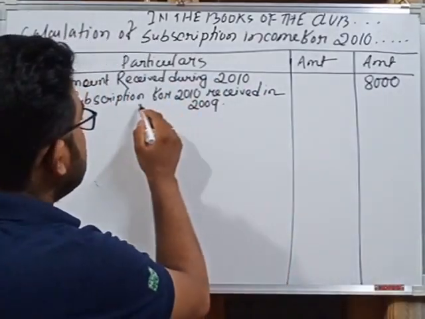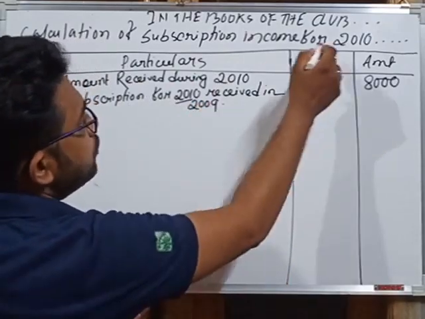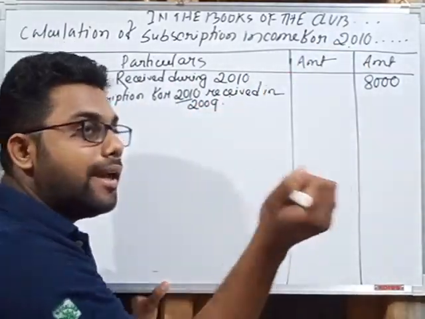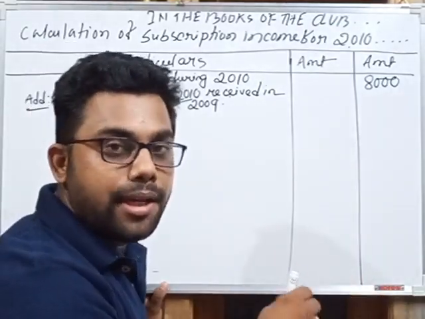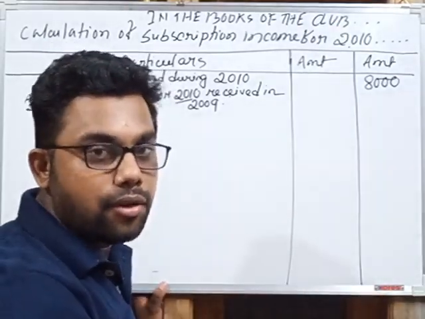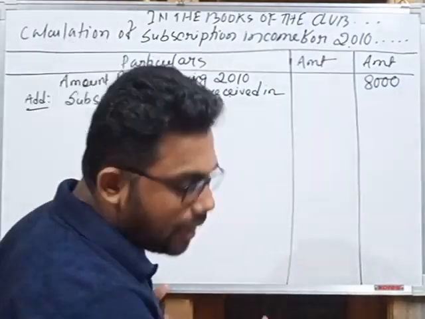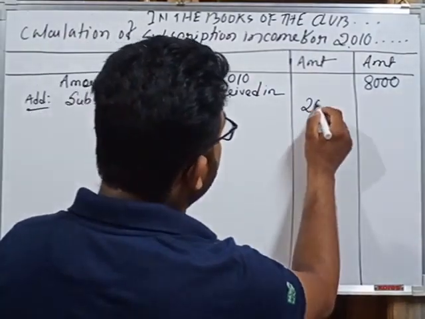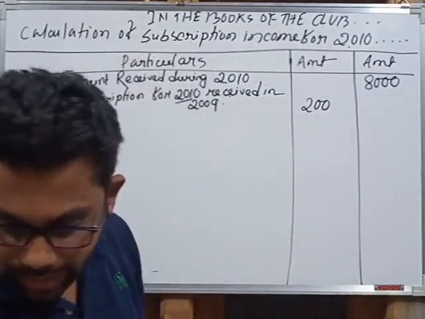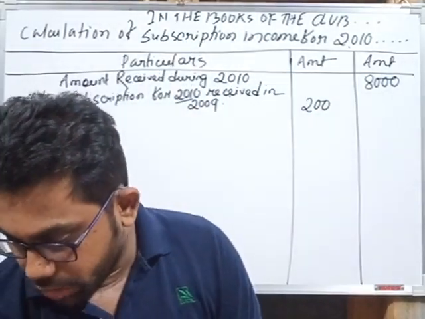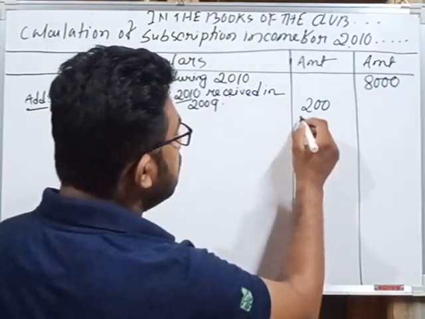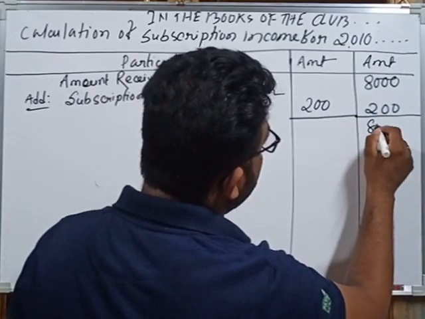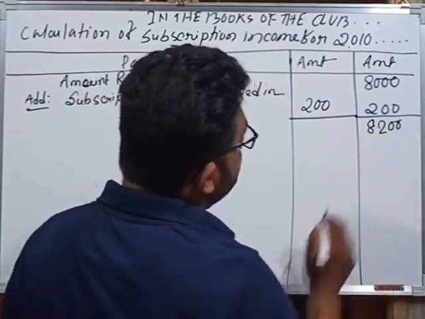Because it is subscription for 2010 and 2010 is the current accounting year, and the amount was received in the previous year. Though we received that amount in the previous year, it is income for the current year, so we add that item. And what is the amount? The amount is rupees 200. Okay, next, is there any item that we need to add? No. So the total is 8,200.